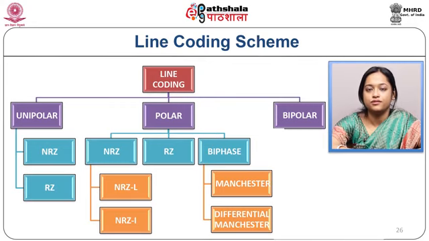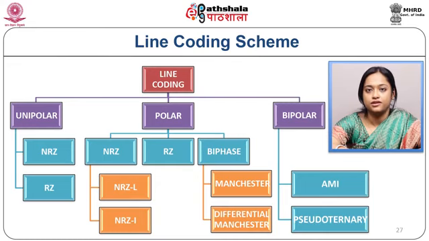Polar non-return to zero can be further classified into two: non-return to zero level and non-return to zero invert. Biphase can also be categorized into two: Manchester coding and differential Manchester coding. Now moving on to bipolar line coding, we are going to study two types: the first one being AMI, which stands for alternate mark inversion, and the second type of coding is pseudo-ternary coding.